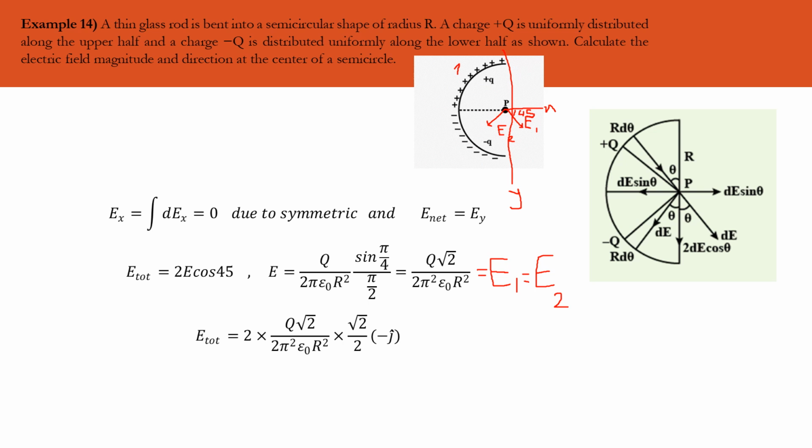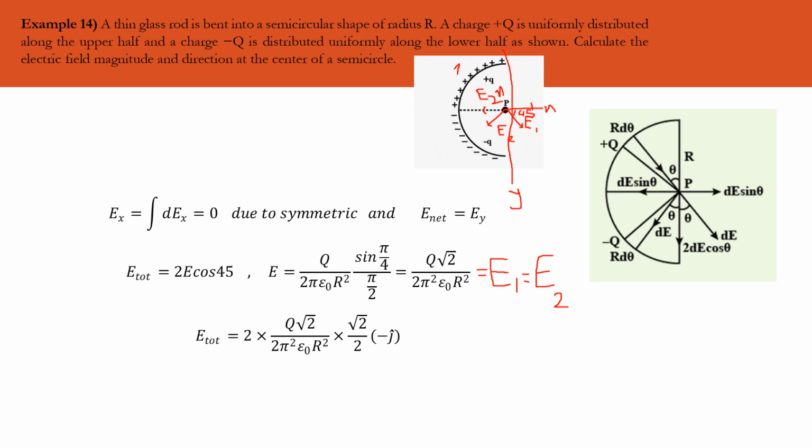E1's x component is directed to the right side, and E2's x component is here. Since the values of these two electric fields are the same, E1x and E2x are the same.